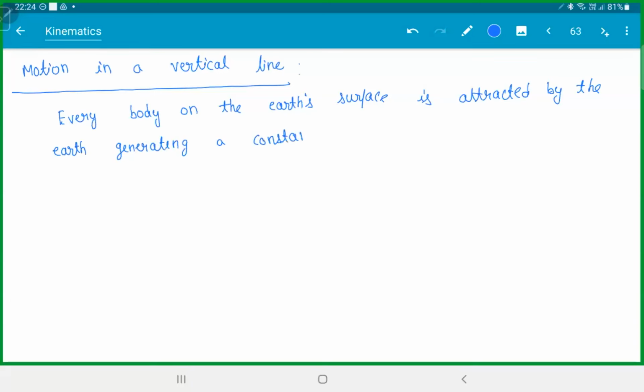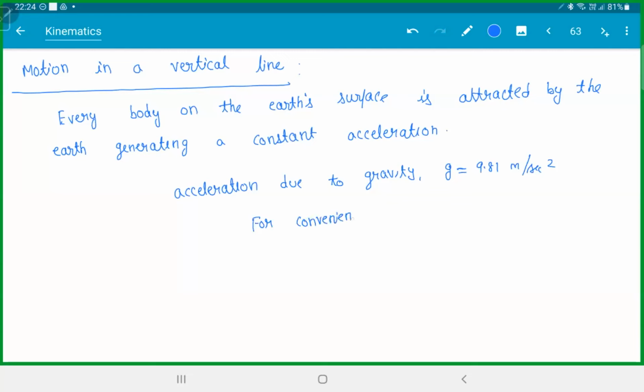So every body on the Earth's surface has a constant acceleration, which we call acceleration due to gravity. We use the symbol small g, which is 9.81 meter per second square. For convenience, we take g is equal to 10.